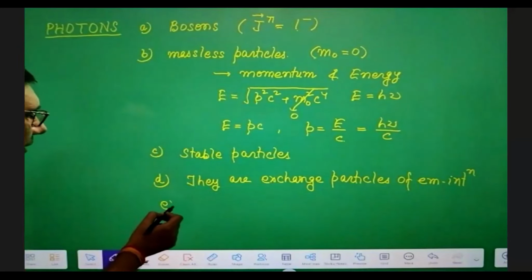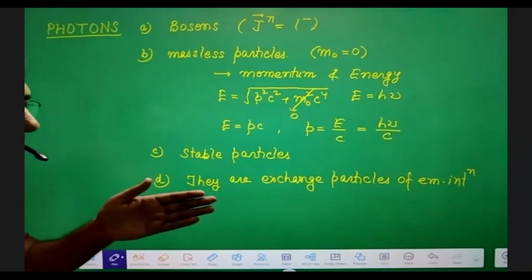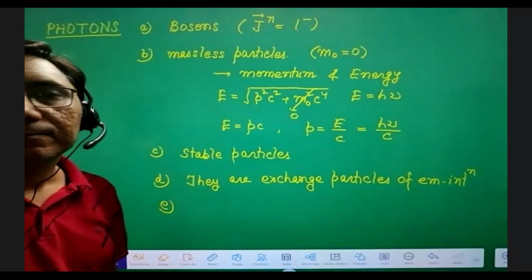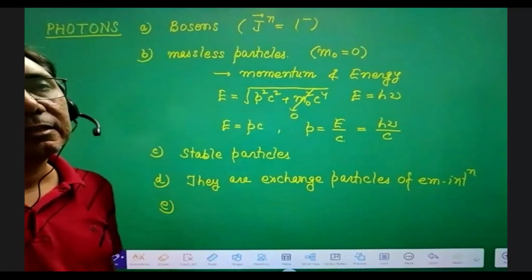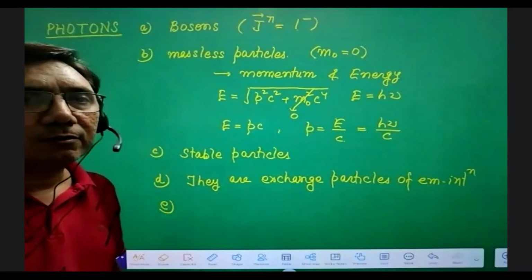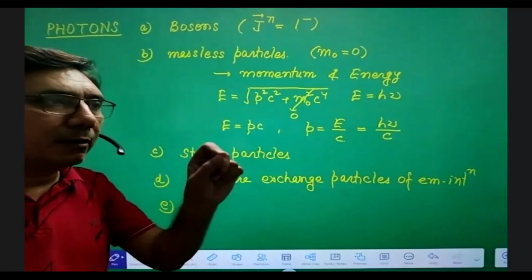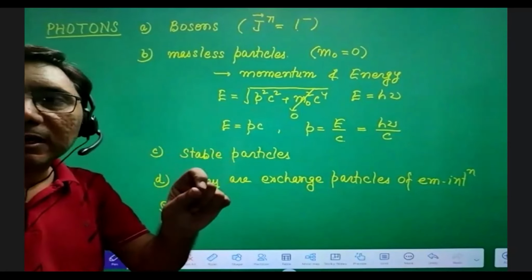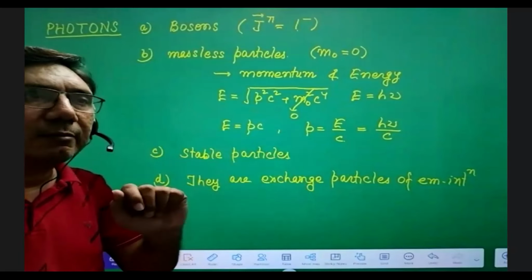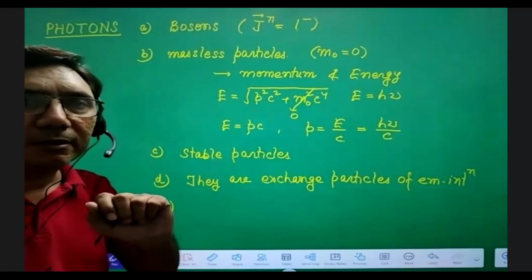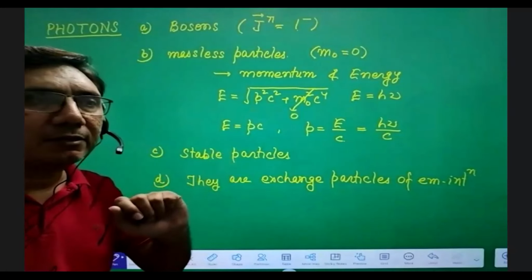D, please write, if in a given interaction photon is involved, suppose some reaction or interaction is given to you and a photon is there. Photon is represented by gamma here in particle physics.